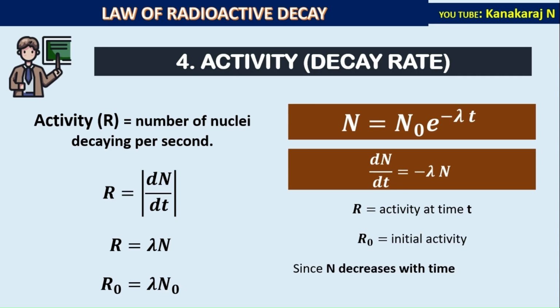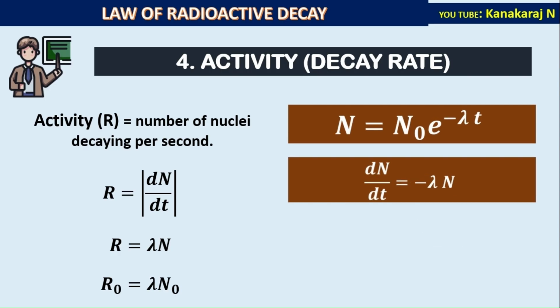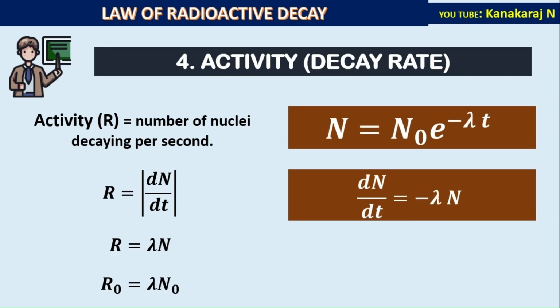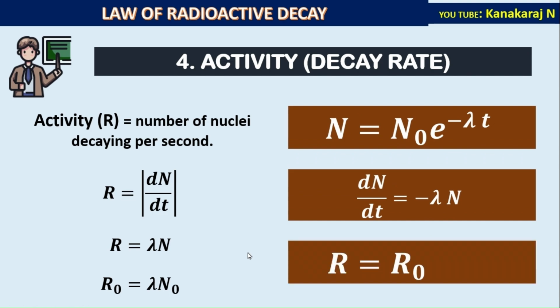Since N decreases with time, the activity also decreases. Substituting R and R0 in the first equation, we get R equals R0 e power minus lambda t. So we have to remember N equals N0 e power minus lambda t and R equals R0 e power minus lambda t in solving problems.